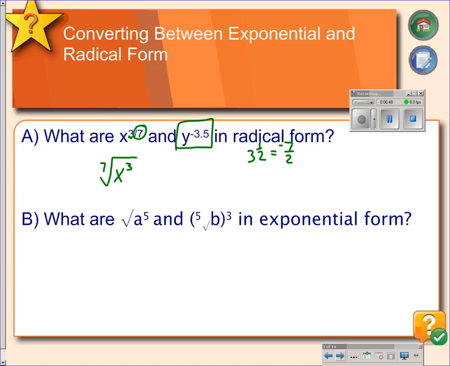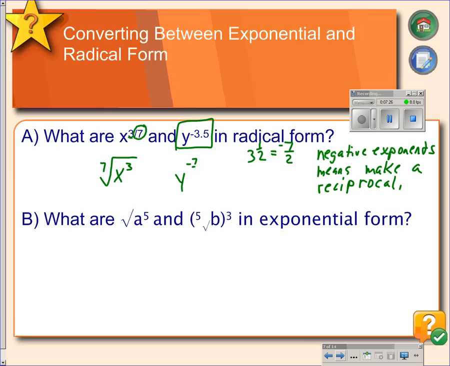What do you do about a negative exponent? A negative exponent means make a reciprocal. So we have y to the negative 7/2.